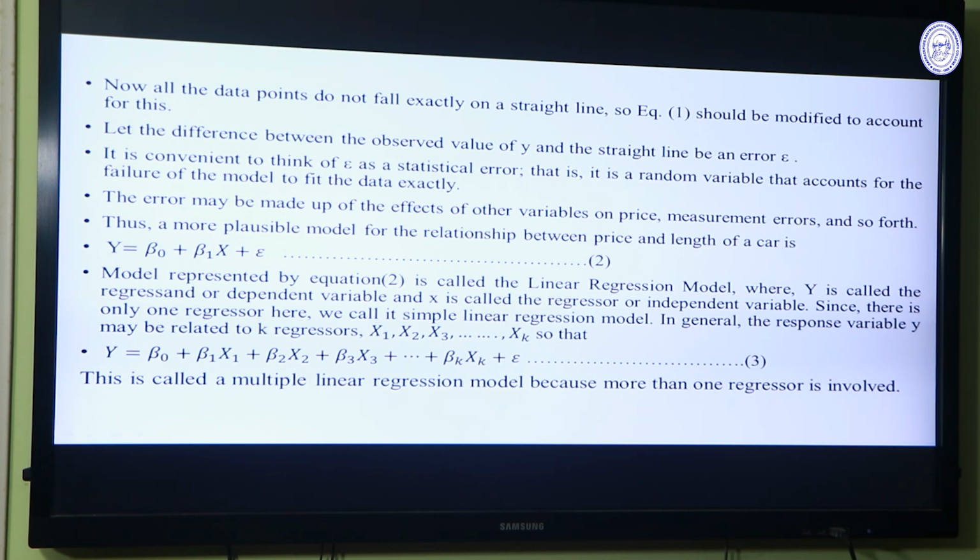So, to make the model more perfect, we should incorporate this error. Otherwise, this will be like a laboratory experiment, which we generally do in the regression which we have learned in statistics. So, we have to incorporate this error, and this error is a perfectly random error.